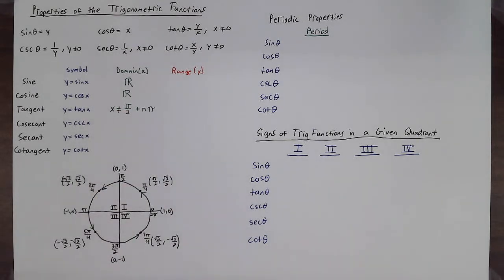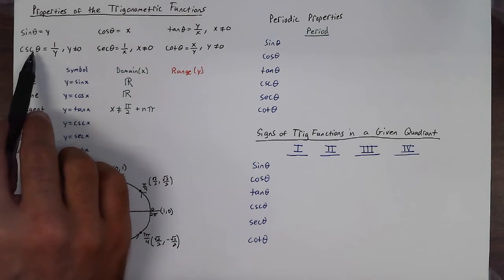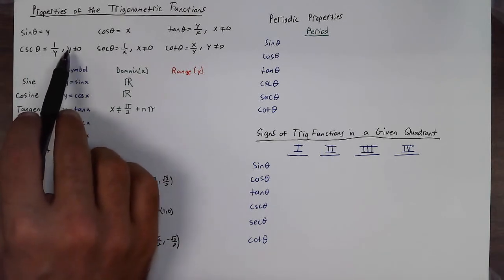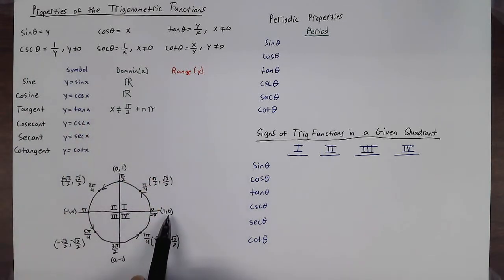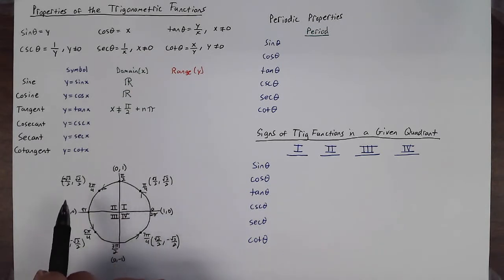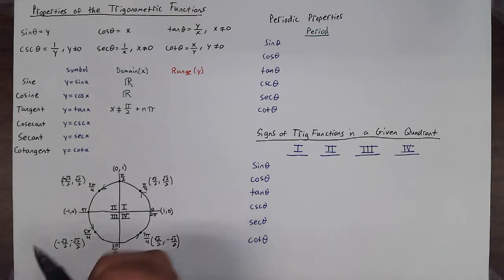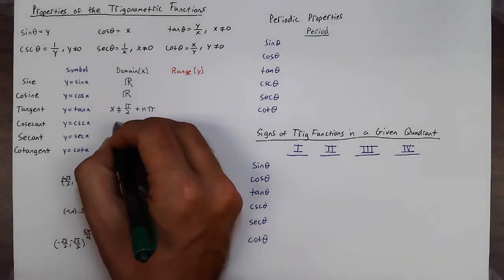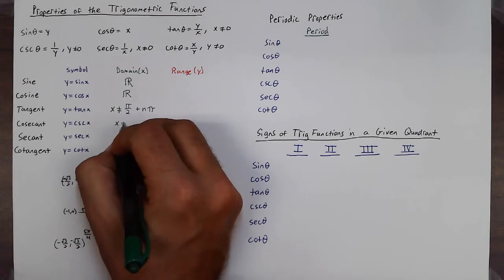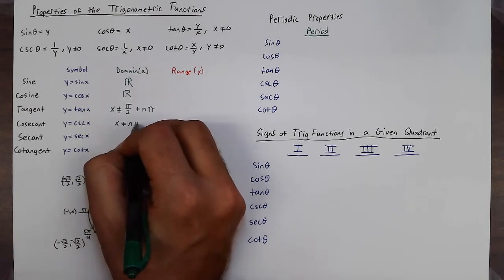So using that same logic, for cosecant, we know that y can't be equal to 0, which happens at 0 as well as pi and 2 pi and every half rotation from there. So 0 plus n pi, but since it's just 0, we can say x cannot equal any integer multiple of pi.